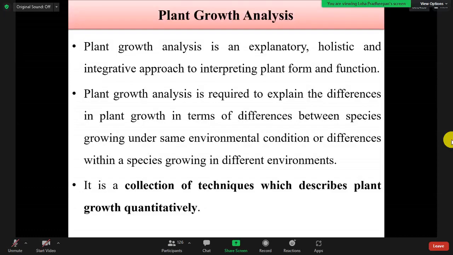To get the quantitative growth of the plant, we use a collection of techniques to measure that. That is the plant growth analysis.